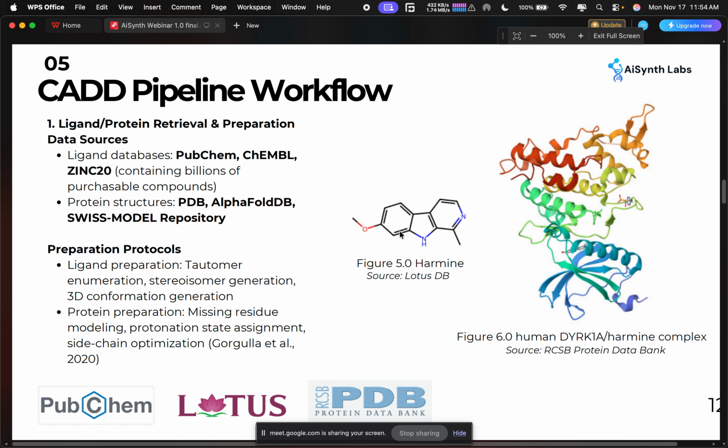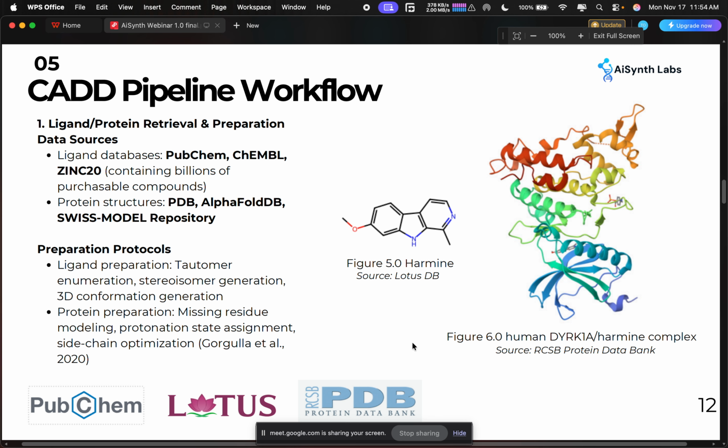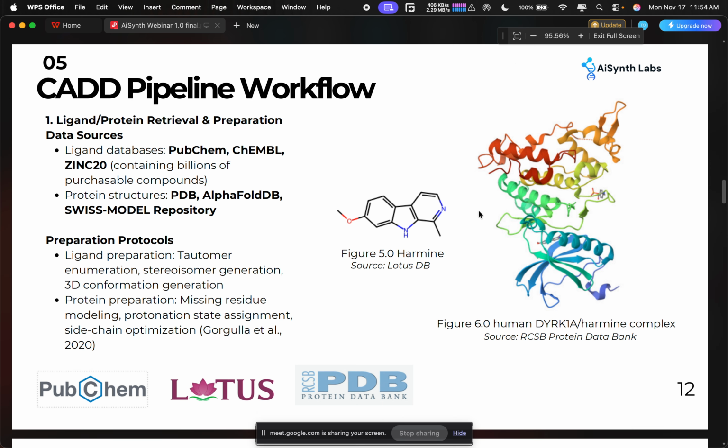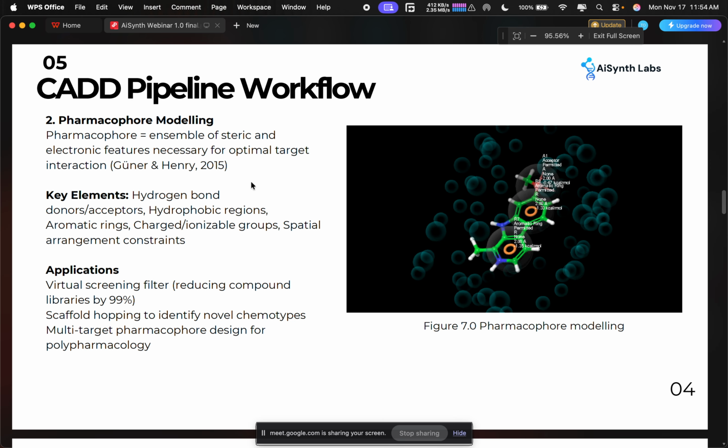So let's move on. The next one we're moving on to is pharmacophore modeling. Now, what do we do in pharmacophore modeling? We look at our co-crystallized ligand, and we try to note what features of this compound allow it to bind to this protein.